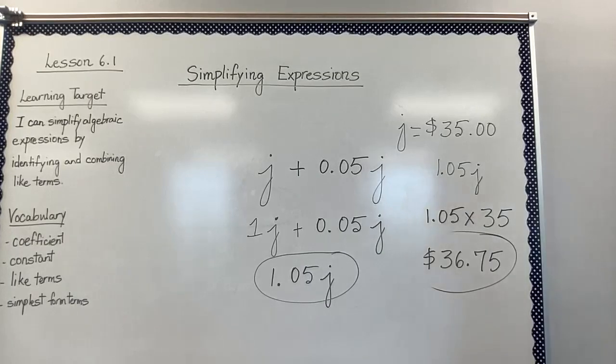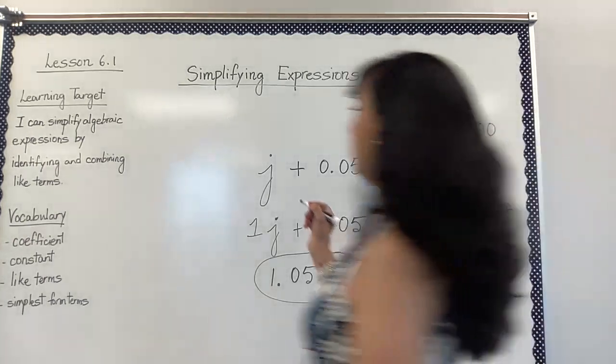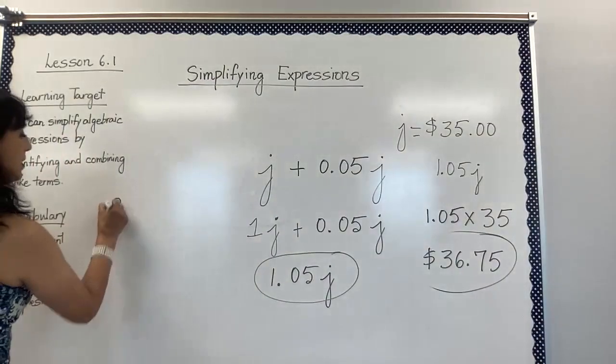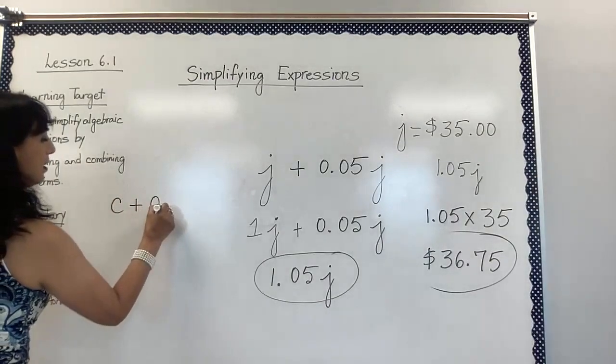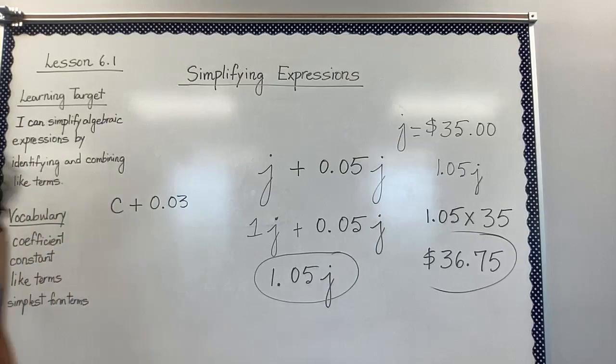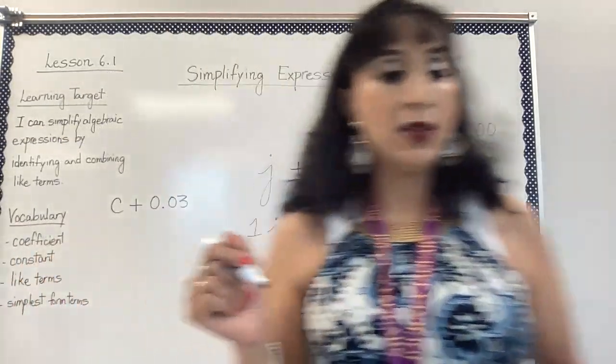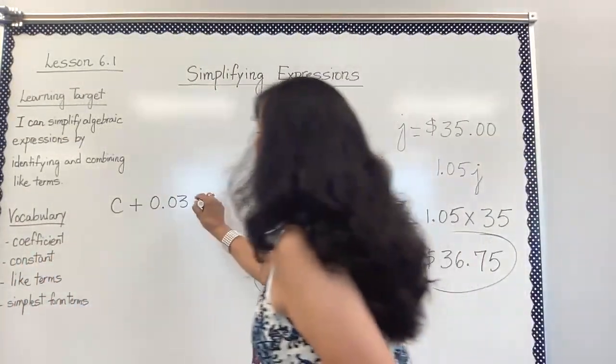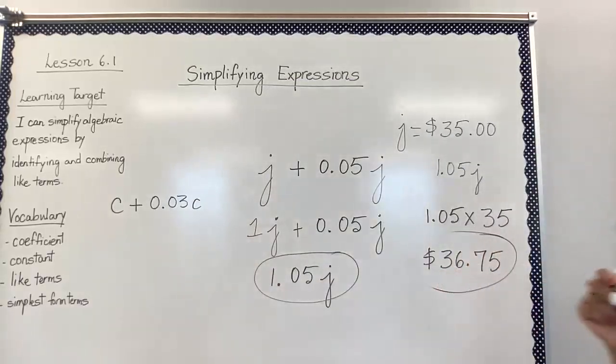Let's say the cost of a new pair of shoes after a 3% markup can be represented by C plus 300, okay, C plus 300C. Okay, so this is my markup.